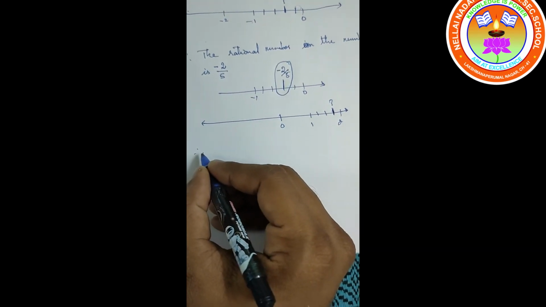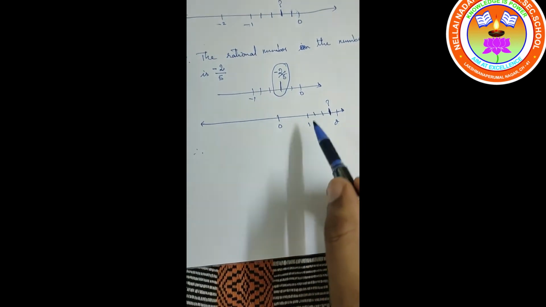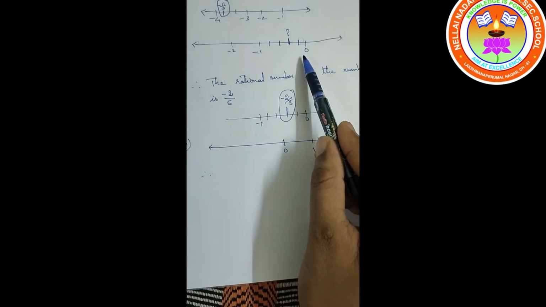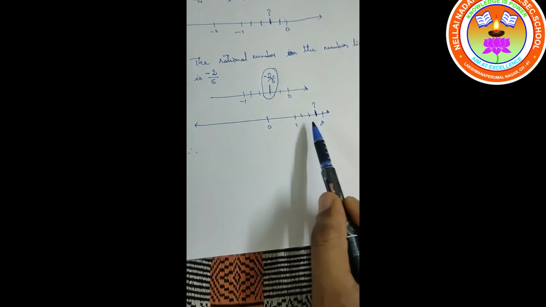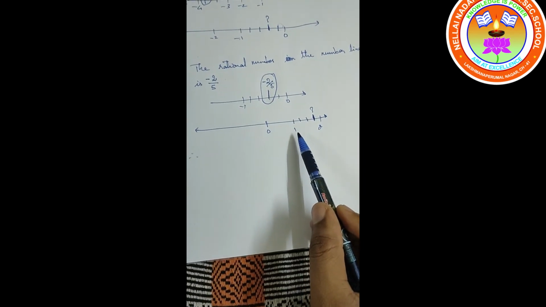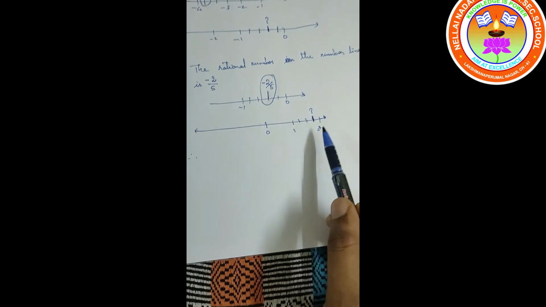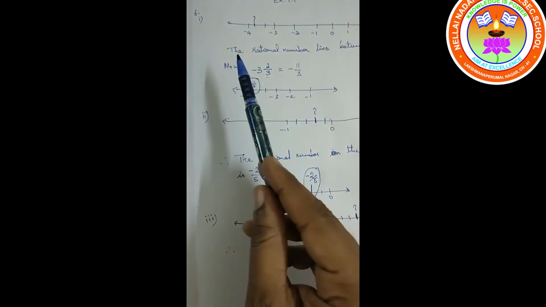Here it only lies near 0, so we can write straight away. If it is going beyond 0 or more than 1, we have to do it in the first method only.